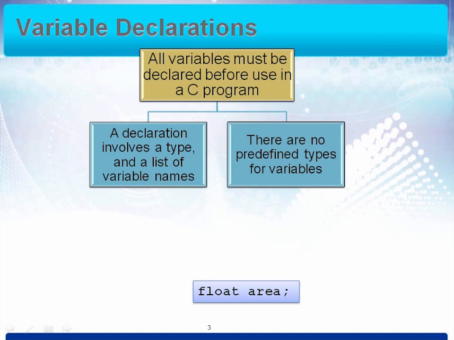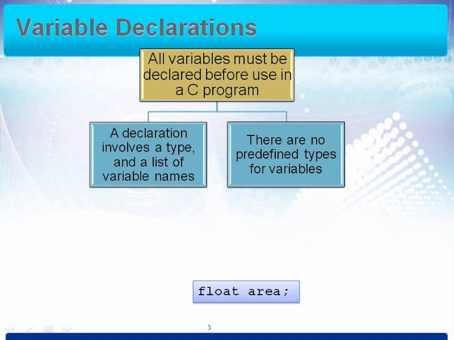Now, we mentioned earlier that there are no predefined types for variables. What I mean by that is that some languages, like Fortran, have rules that all variables that start with the letter I through the letter N are considered integers automatically, whole numbers. So if you have a loop counter, you usually call it I because that's an integer and it goes through 1 through 10 times or whatever.